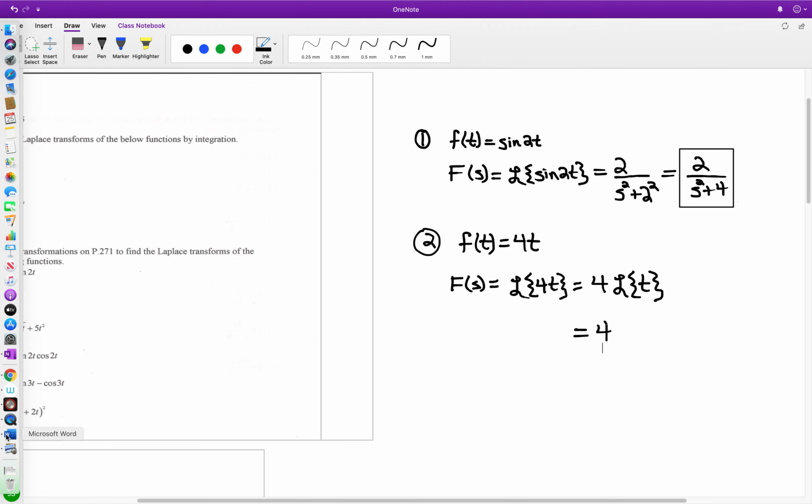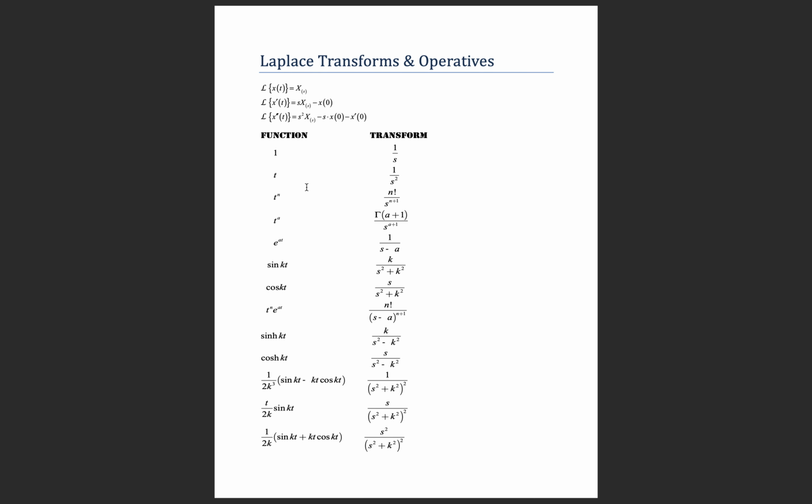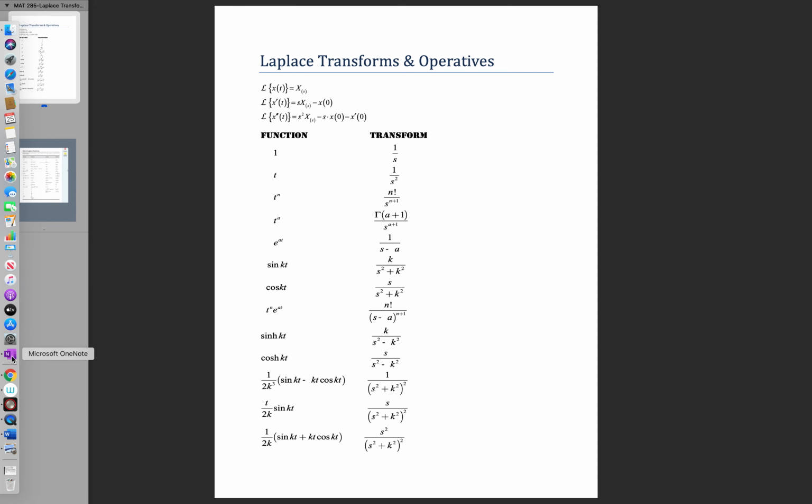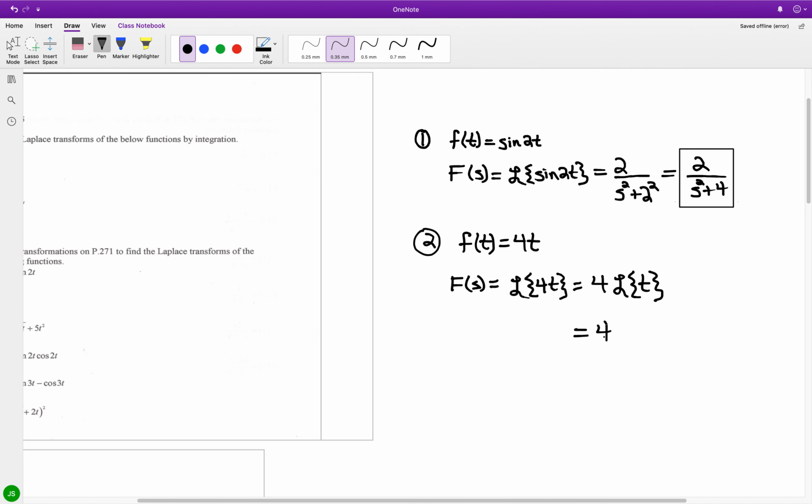And from the table, the Laplace transform of t is going to be the reciprocal of s squared. So in the end result, we're going to have 4 over s squared.